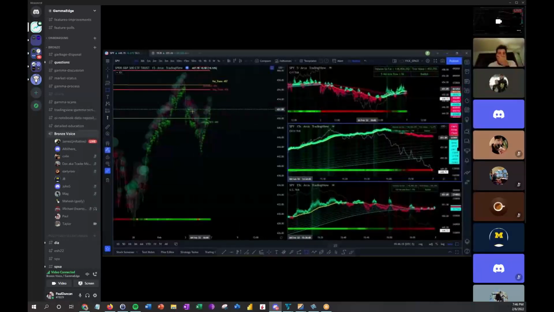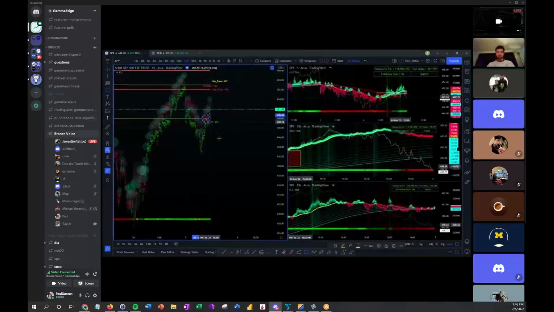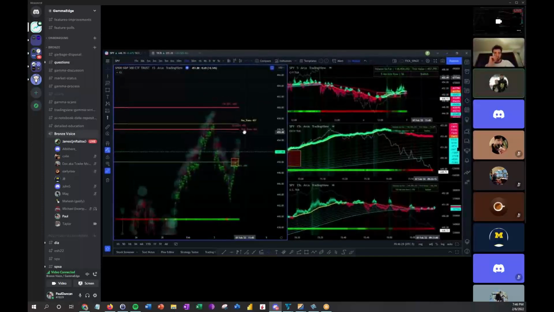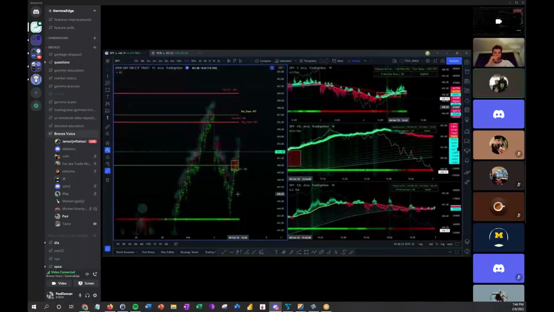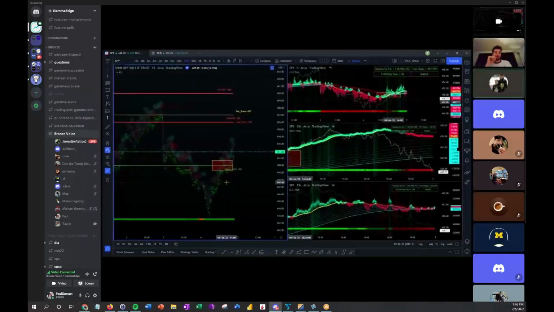Let's see here. As we cross back over, my gamma levels are going to look very similar, but a little bit different. I changed my labels just so they would work with my scripts a little bit better, so my labels are over here to the right.